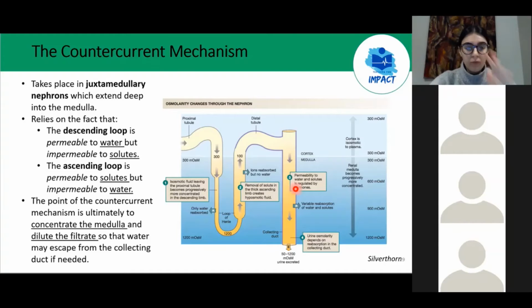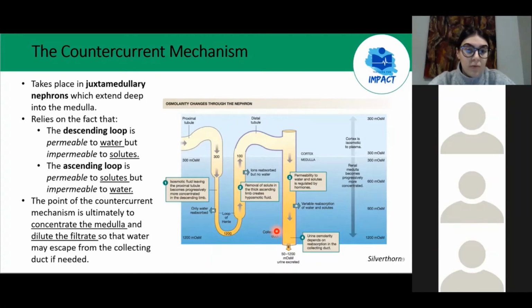So basically what happens is, sorry, actually I'll start in the ascending loop. In the ascending loop here, our sodium is being actively pumped out, because remember, it's only permeable to solutes. So we're getting all of this sodium being pumped out into the interstitium.